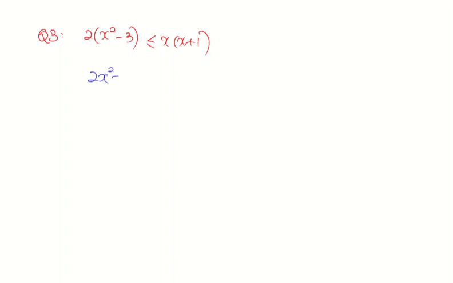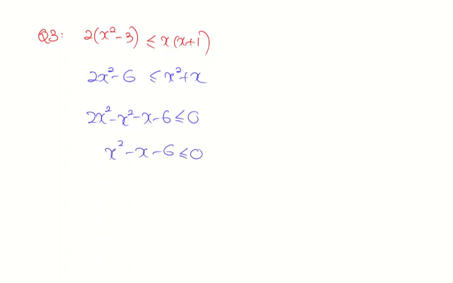2x squared minus 6 less than x squared plus x. 2x squared minus x squared minus x minus 6 less than 0. x squared minus x minus 6 less than 0. x, 3, 2, negative, positive. So first step is to determine the point, that is 3 and negative 2.